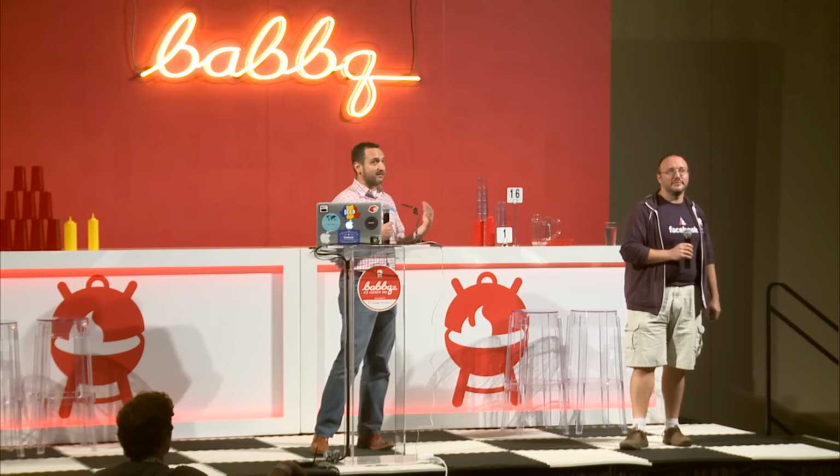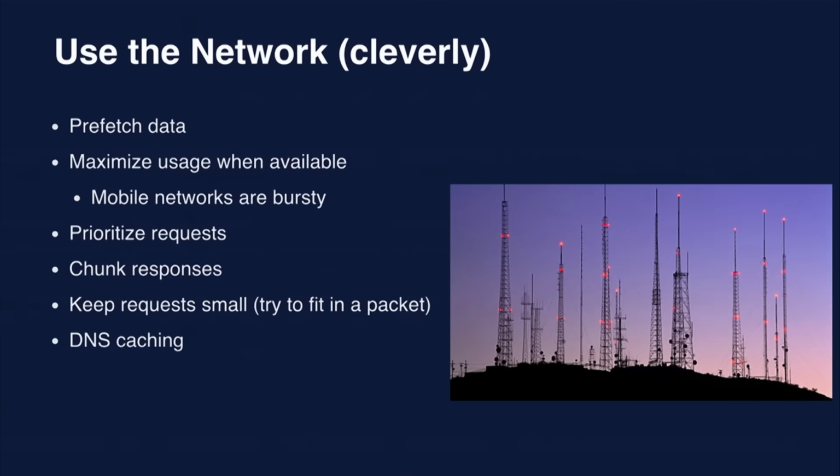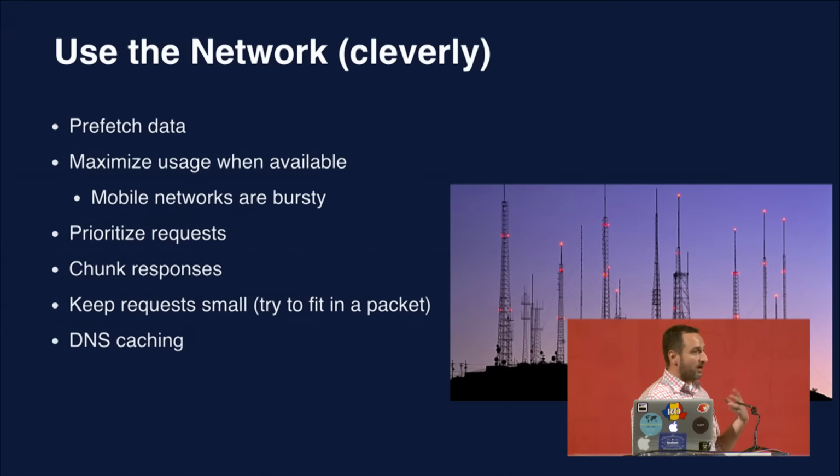We talked about caching. If you have a good cache, one thing you could do is prefetch data. Prefetching comes in different shapes and sizes. It could mean prefetching for the next 30 seconds or 3 minutes of interactions, or for later on today, or if it's a notification or something like that. Then, maximize the usage of the network when it's available.